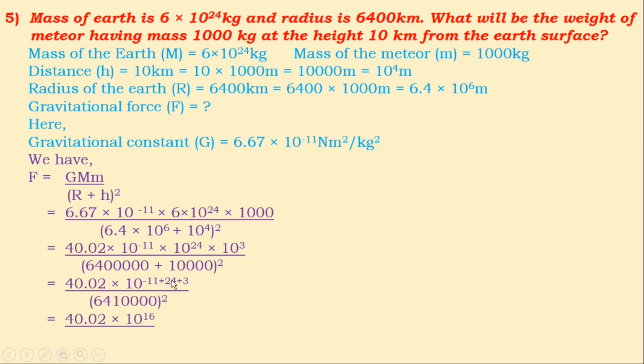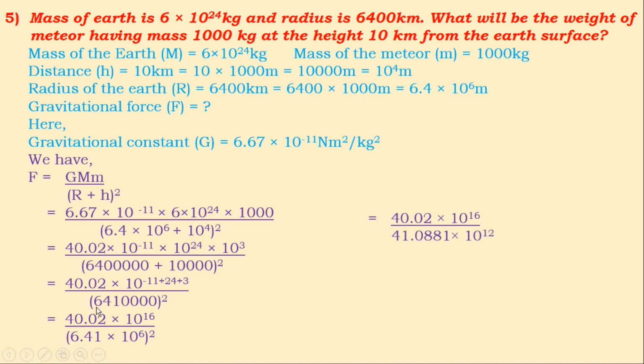Now again what we have, 10 to the power 16 in numerator, but in denominator we are going to write a little differently. If the point is shifted from this position to this position, then point goes 6 digits left hand side, that's why 6.41 into 10 to the power 6 can be written, and here whole square is present previously. Now we have to solve denominator this way.